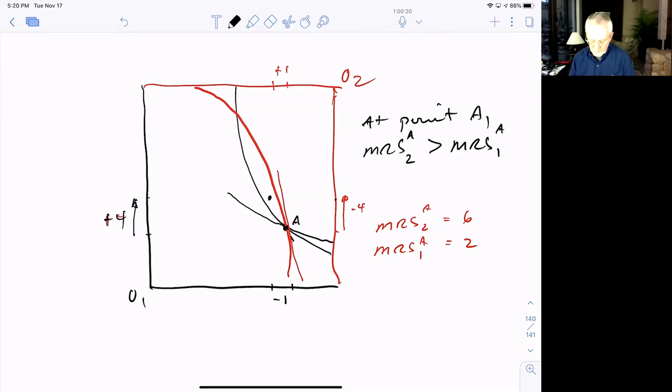So when we made this trade at 4 to 1, it was mutually beneficial in terms of utility. So we moved to a point up here where now 1 is on a higher indifference curve and 2 is on a higher indifference curve.